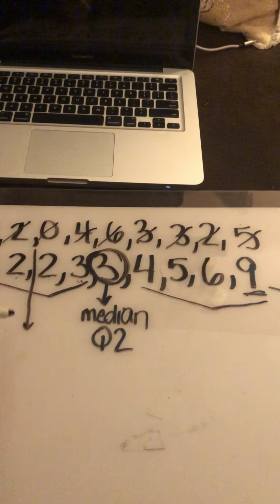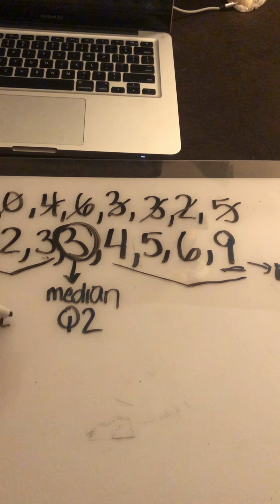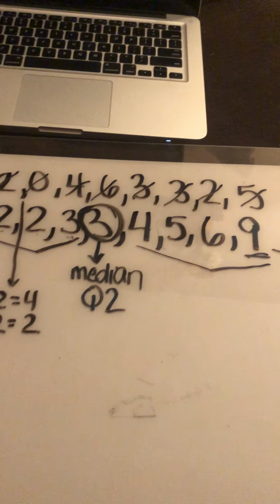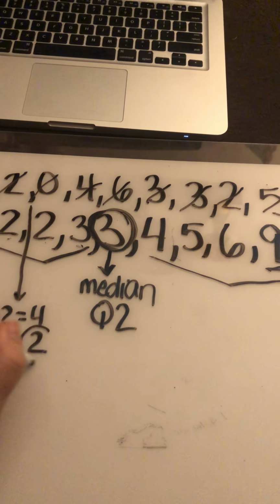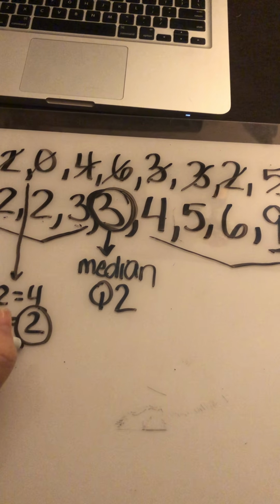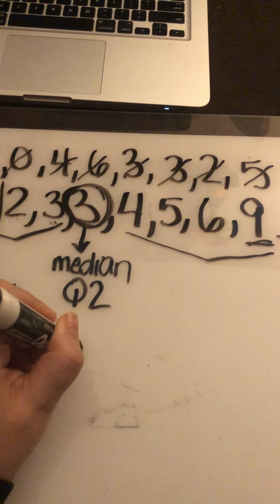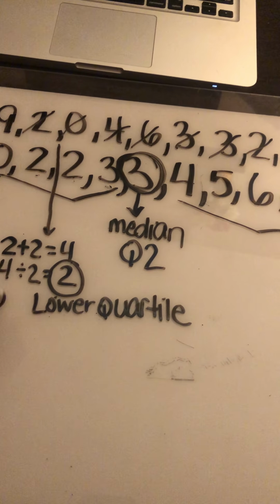So the middle of 2 and 2, if we find that mean, it would be 2 plus 2 equals 4. And then 4 divided by 2 is 2. So our lower quartile is going to be 2. Okay, and sometimes we call that quartile 1.